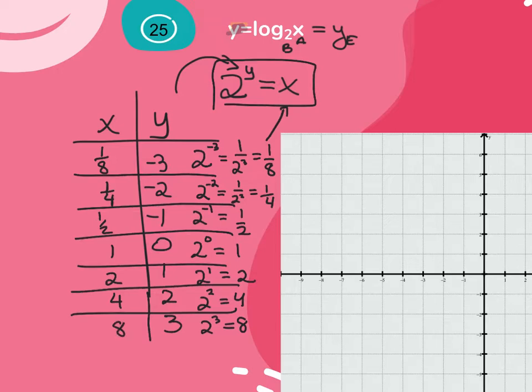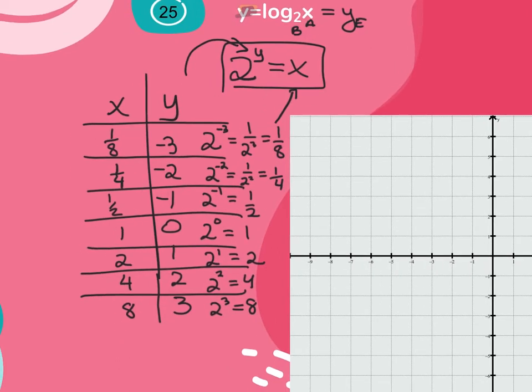So now I've created a whole bunch of ordered pairs that I can graph. I'm going to graph each one of these to see what my log graph looks like.